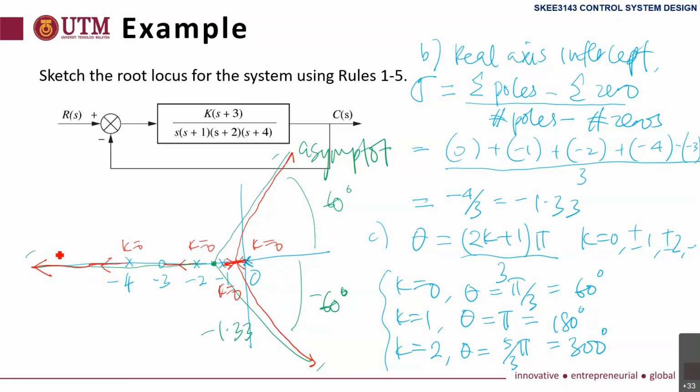And in rule 1, we say we have 4 branches. You can see that we have 1 branch here, 1 here, 1 and 1. 4 branches. That means 4 arrows at the end.